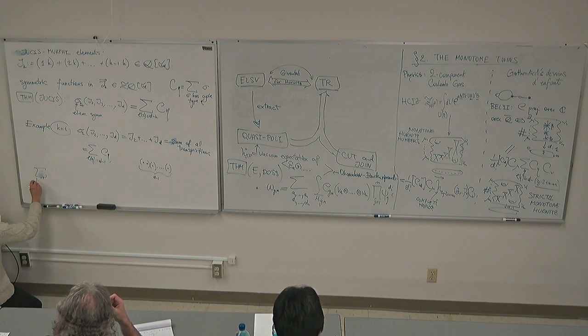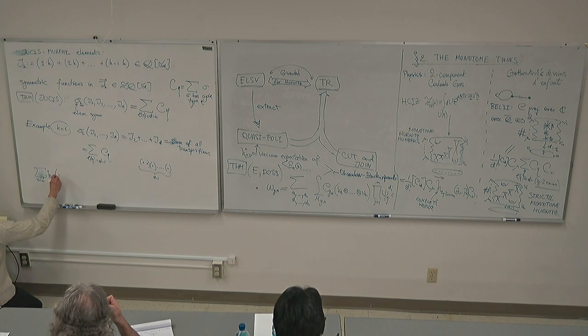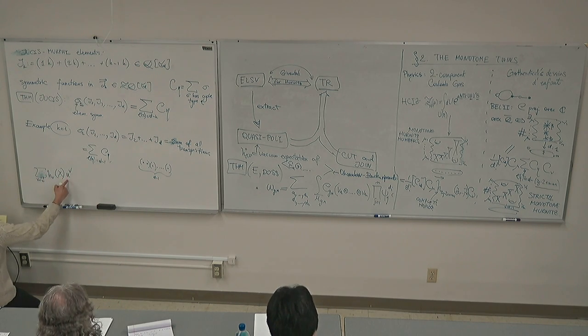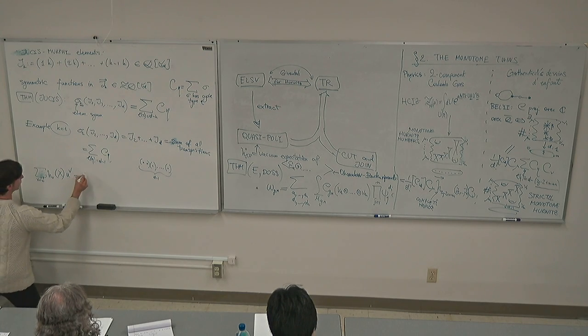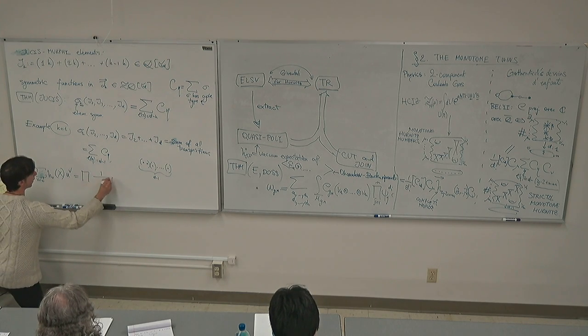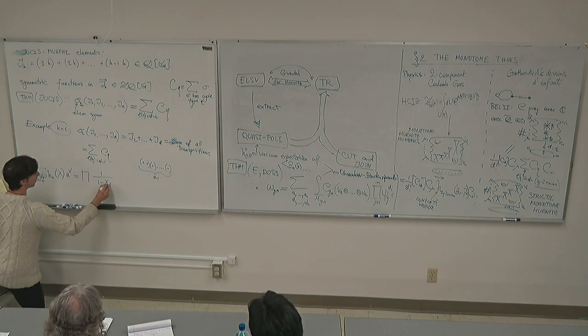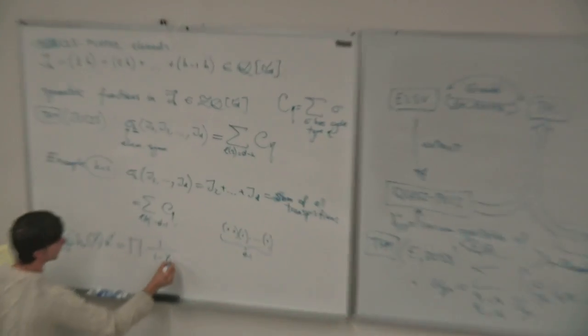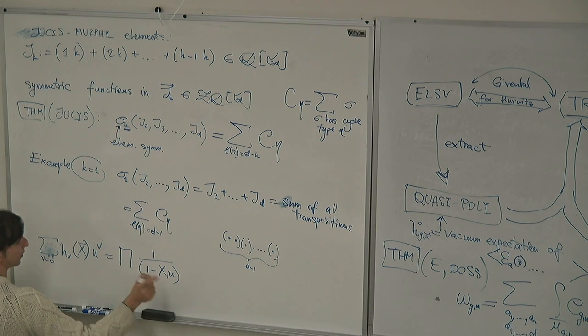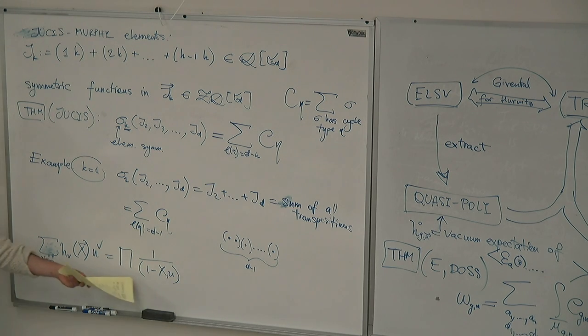If I take the generating series of complete homogeneous with some dummy variable u, this is just the product of 1 over 1 minus u x_i. Sorry, this is a vector of variables. So I get all the possible monomials of variables with the index that is monotone increasing.